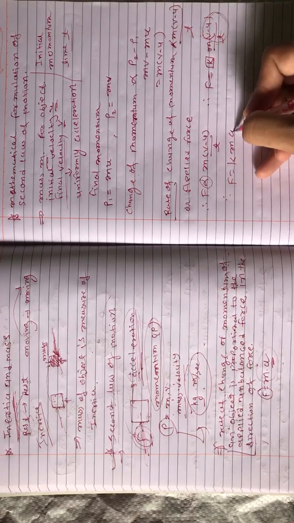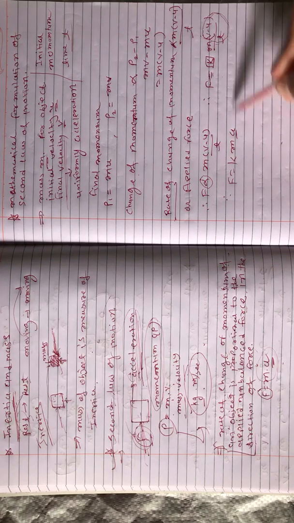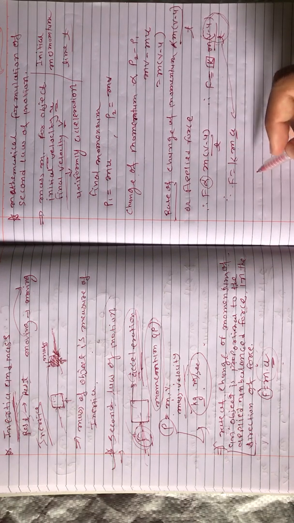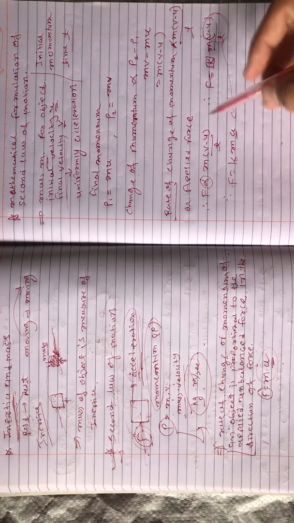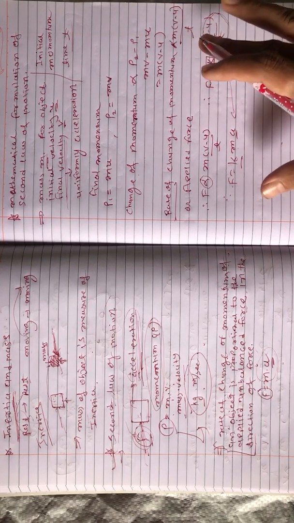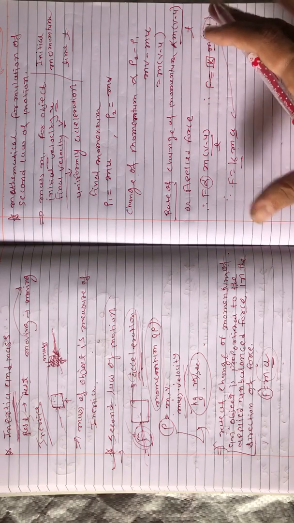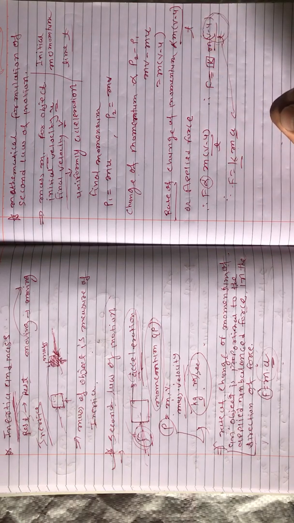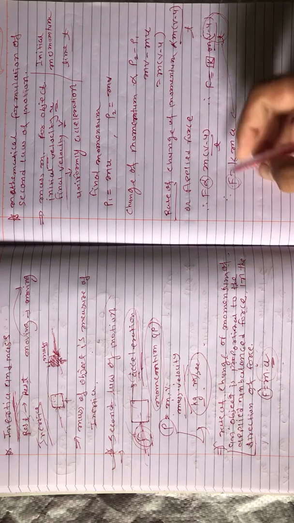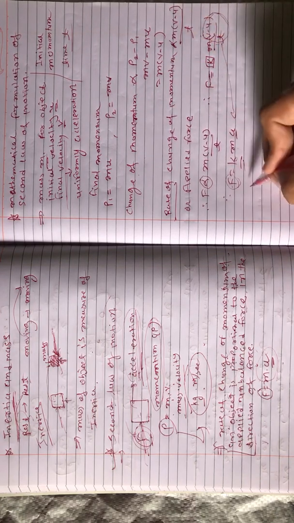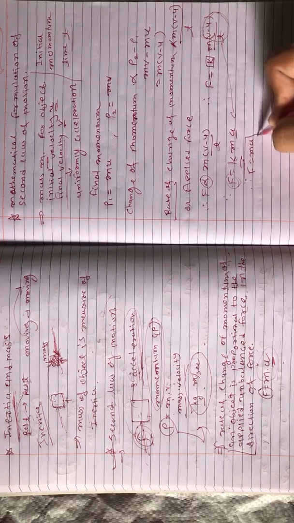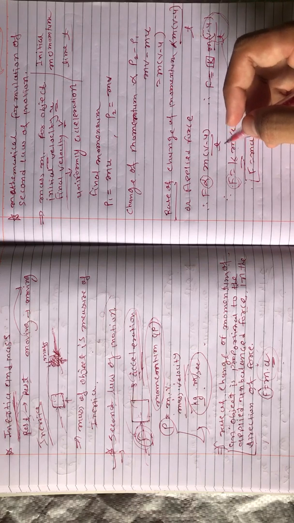We know from chapter number 8, the previous chapter, that (v minus u) divided by t is a, the acceleration, so in place of this we can put a. So F equals k m a. The value of k can be assumed to be 1, since the unit force is so chosen, so finally we get F equal to ma.